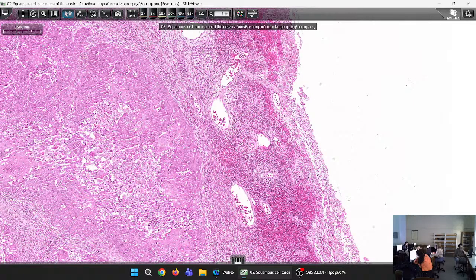So as I told you, if you see an ulcerated lesion in the covering epithelium of the skin or mucosa, you have to take biopsies, because ulceration may be caused by invasion, by true invasive cancer, or it can be caused by inflammation.